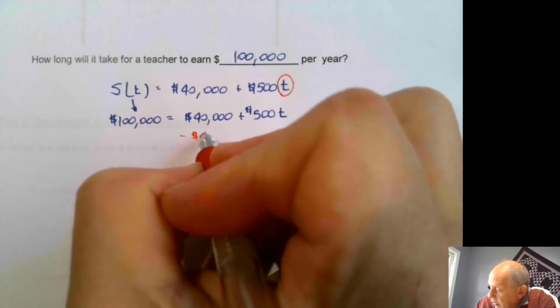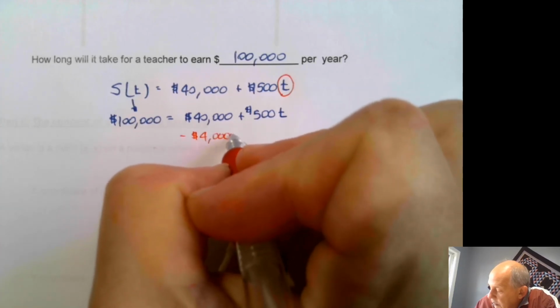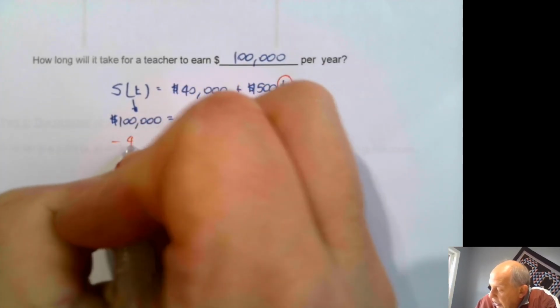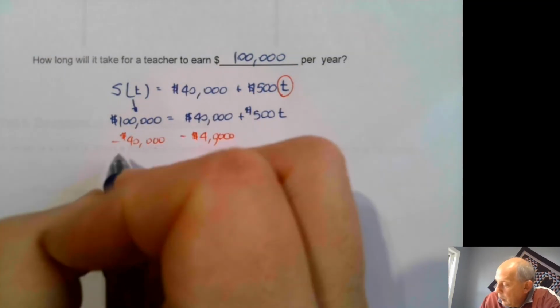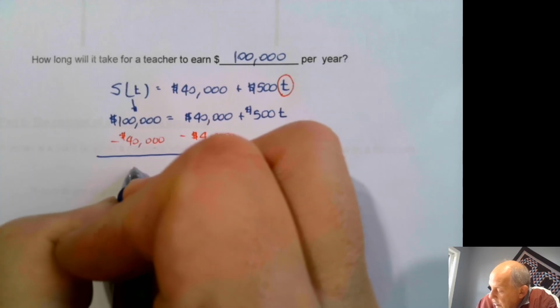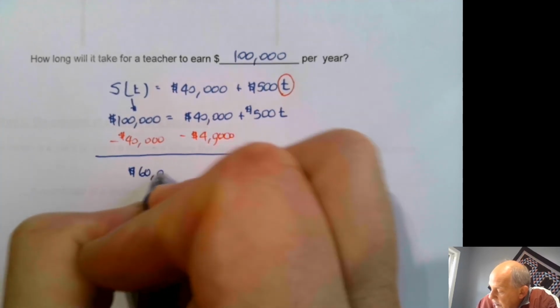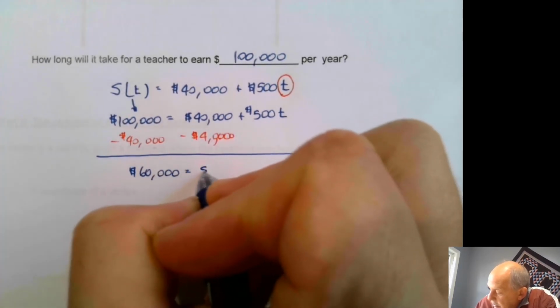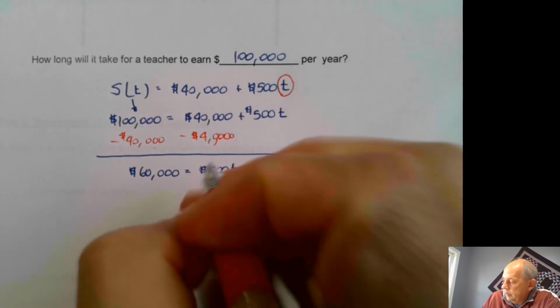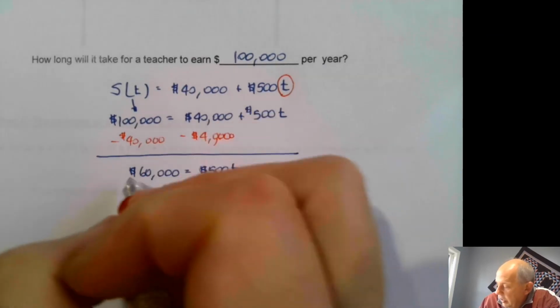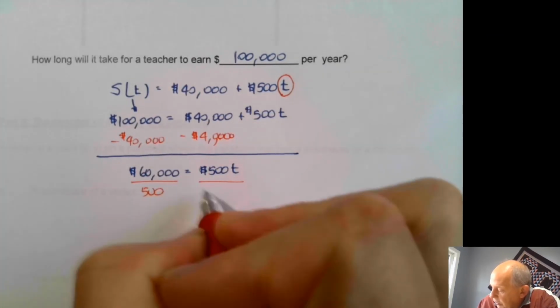Let me subtract $40,000 from both sides. So I have 60,000 is equal to 500 times T. I divide both sides by 500.